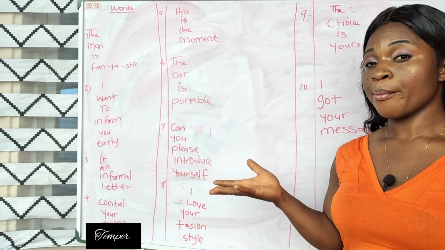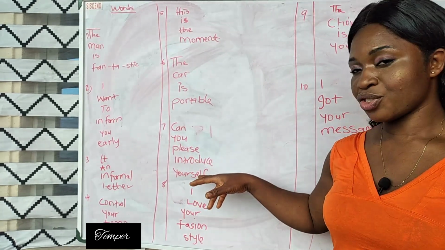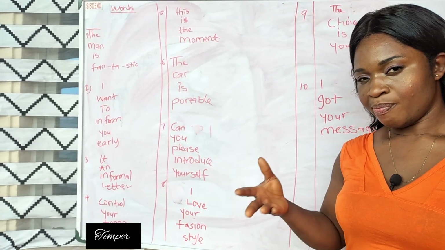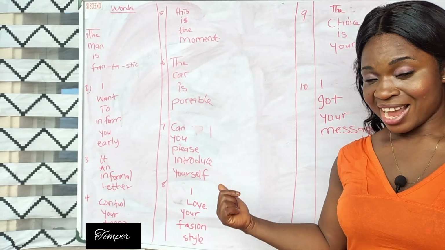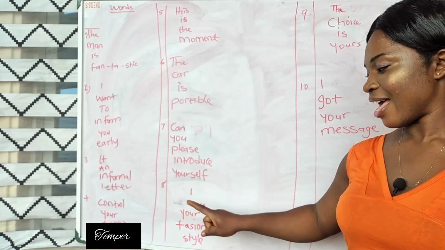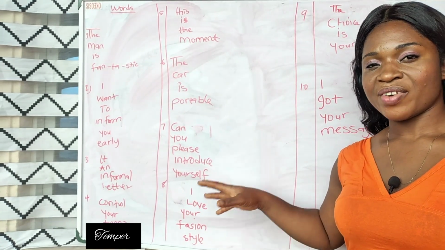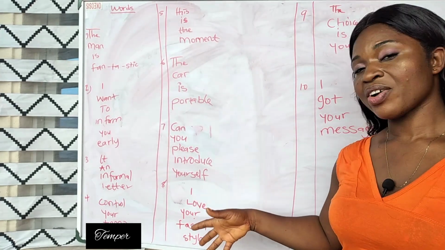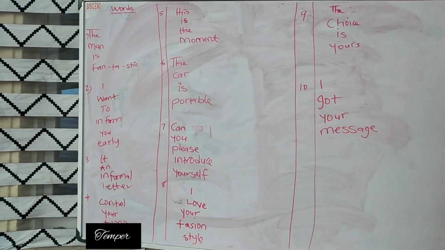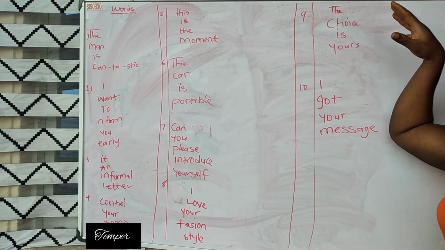Number 6, the car is portable. Number 7, can you please introduce yourself? Please introduce yourself. I did mine. Number 8, I love your fashion style. I love your fashion sense. Number 9, the choice is yours.